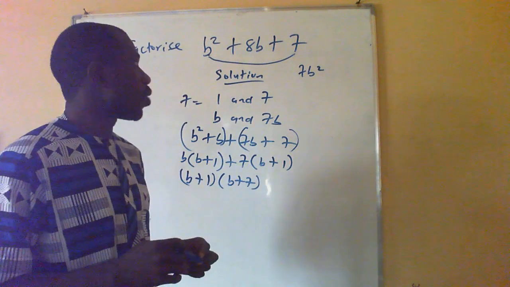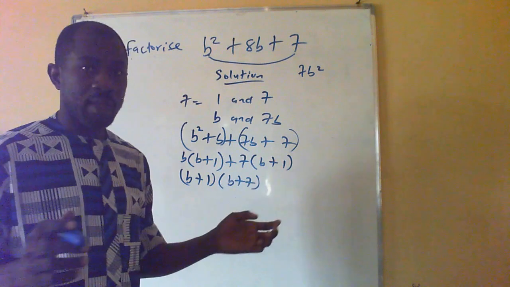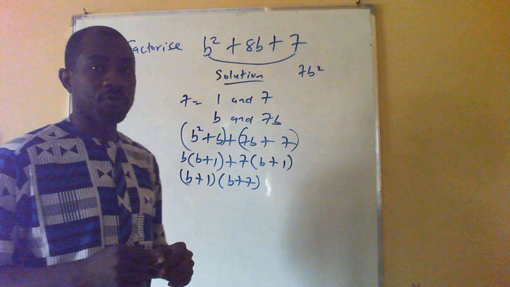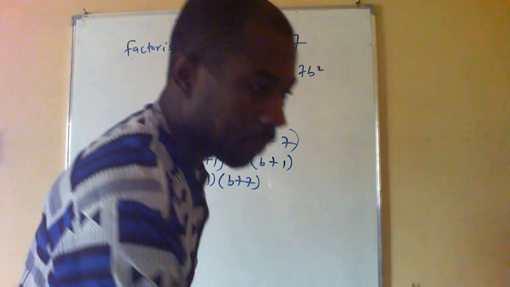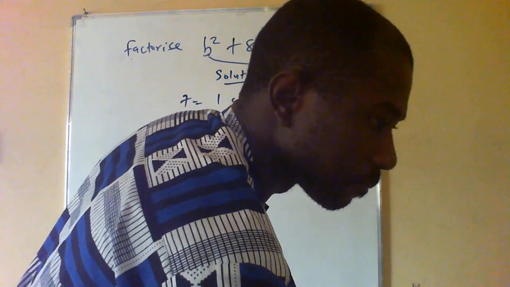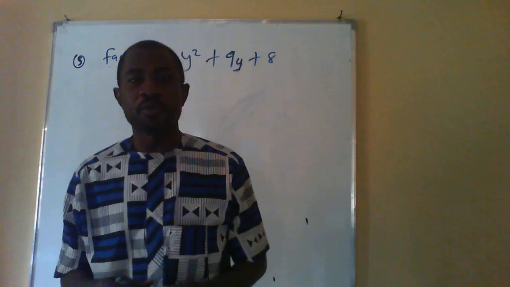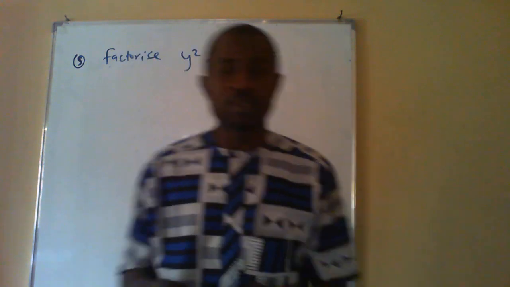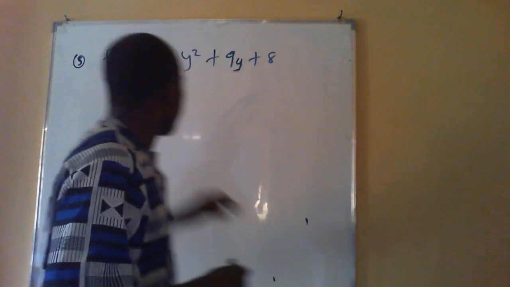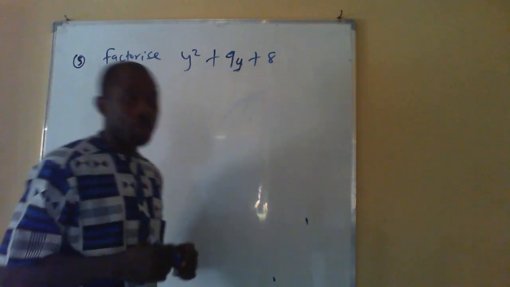So now I want to go to question number 5, maybe the last one for this class. Hello my people. This one is the last part of the question, which is factorize y squared plus 9y plus 8.